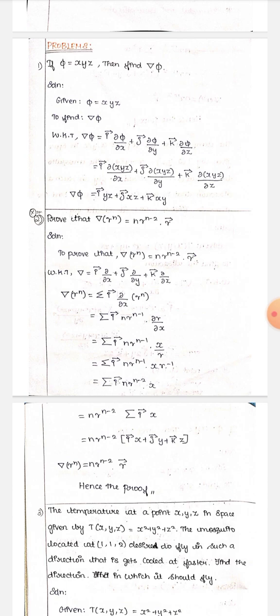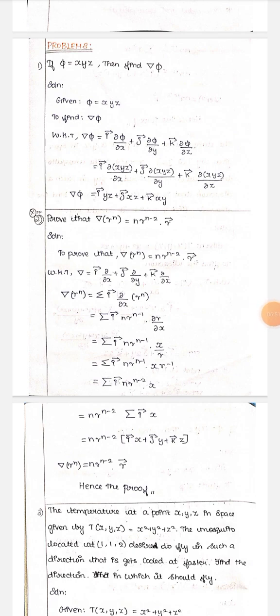So i vector of yz plus, second term, differentiating with respect to y, y gives 1, so we get xz, plus k vector of the third term, differentiating with respect to z, z gives 1, the balance term is xy. Therefore the solution is del phi is equal to i vector of yz plus j vector of xz plus k vector of xy. So the value of the gradient is the same.